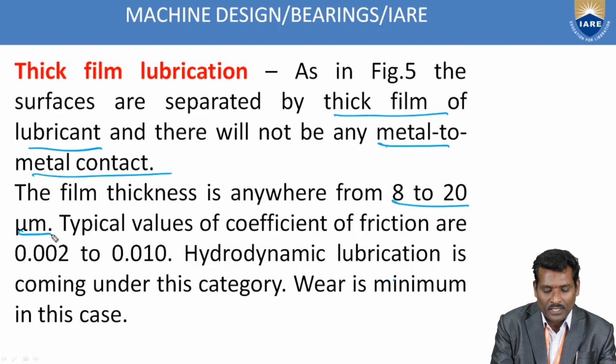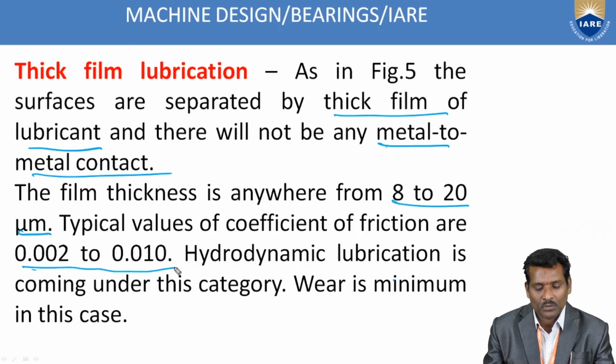The coefficient of friction is 0.002 to 0.010, so very less coefficient of friction. Hydrodynamic lubrication bearings come under this category only. In this type of bearing, the wear is very minimum. We will see the mechanism of hydrodynamic lubrication in a coming session.